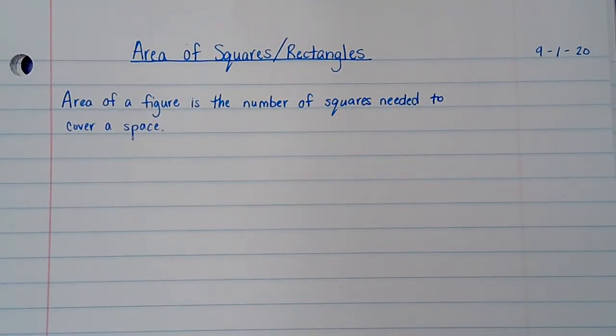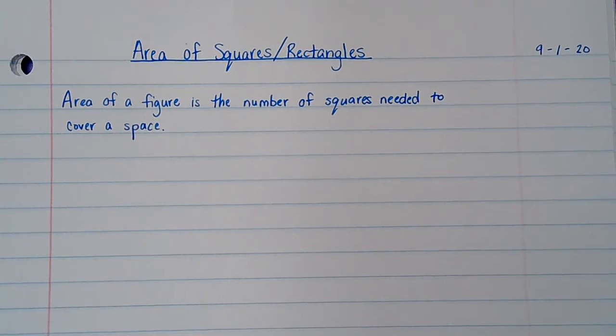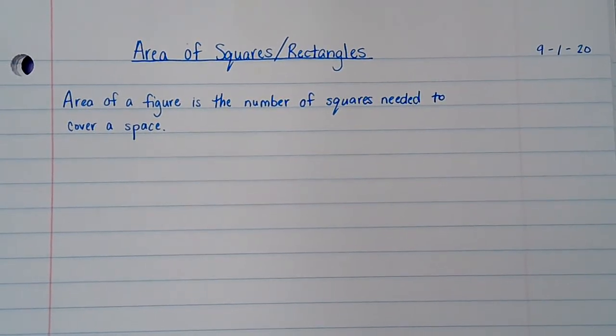So once again, if you needed to cover the floor of your bedroom in squares, you would be wondering how many squares does it take to fill it up? And you know how big your squares are based off what unit you're using. So like if you're doing 6 inches by 12 inches, then you'd have 1 inch by 1 inch squares. That's how you figure out how big those squares need to be.